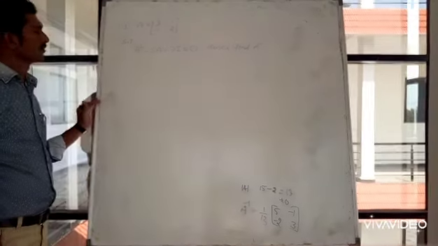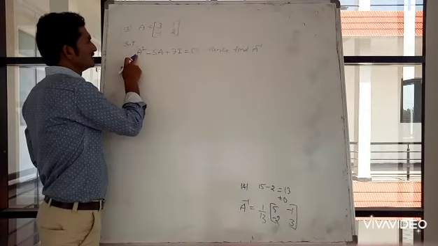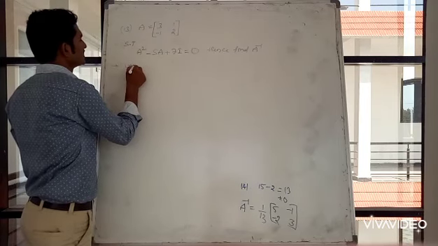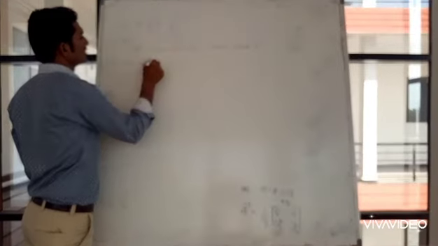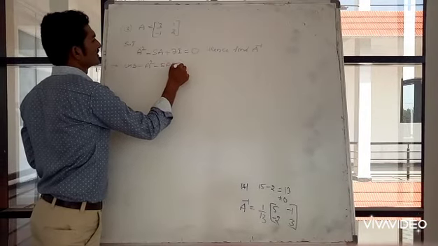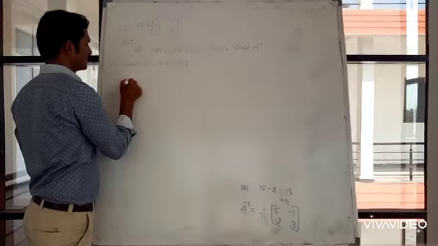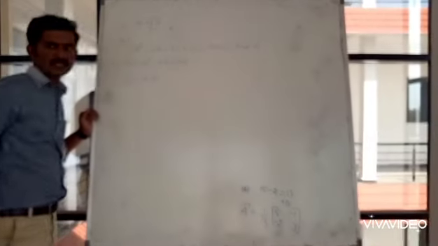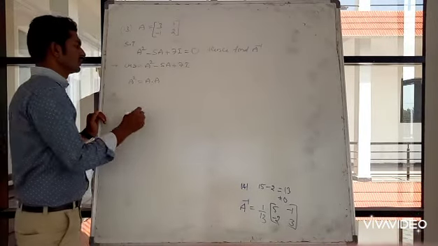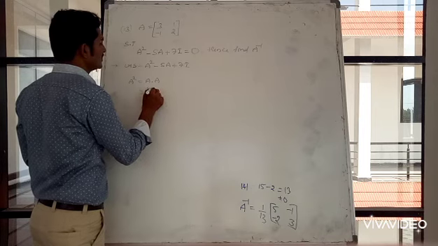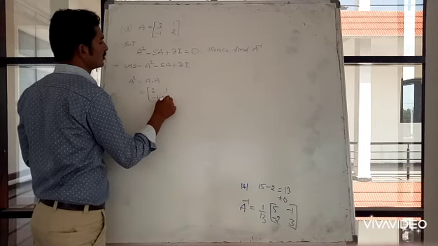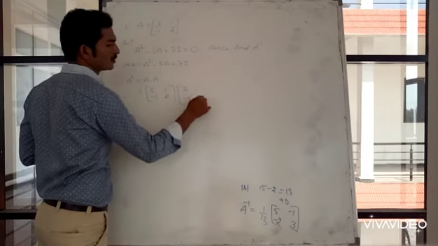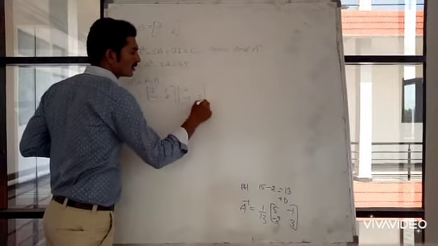We need to prove that; A square is required. So first, let us consider LHS. In that LHS, A square minus 5A plus 7I is there. First of all, A square is equal to A into A, which is [3 1; minus 1 2] into [3 1; minus 1 2].